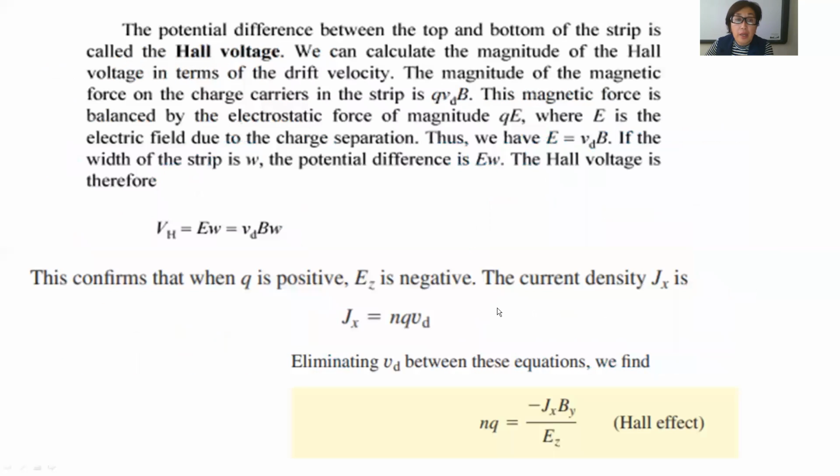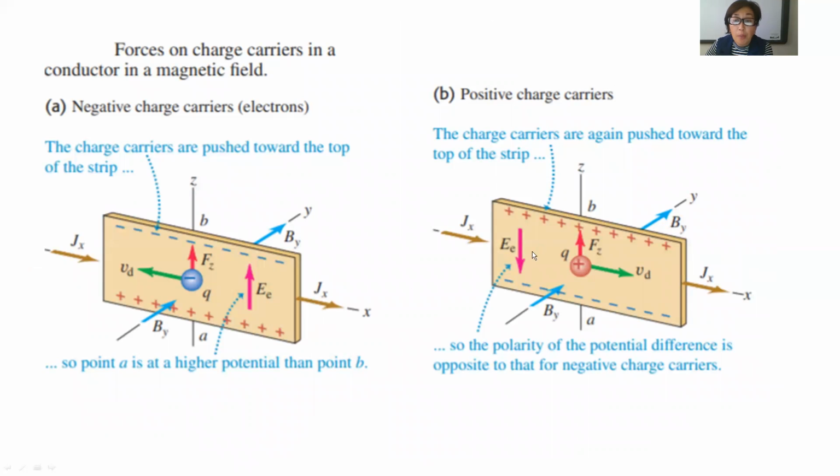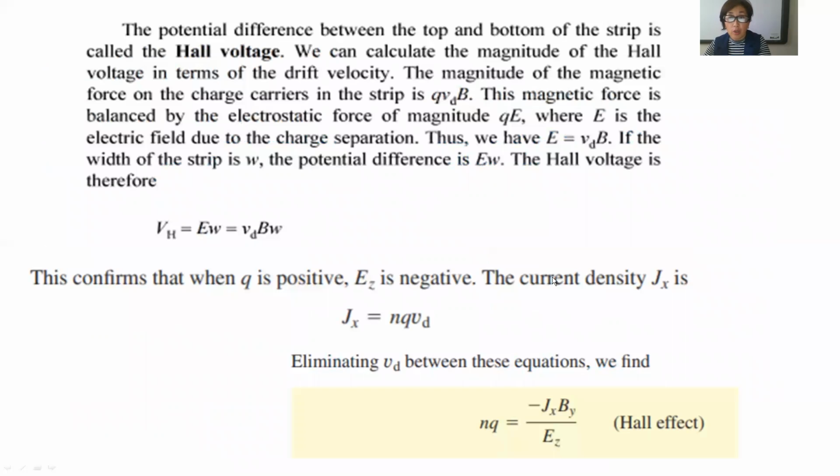The potential difference between the top and bottom of the strip is the Hall voltage. We can calculate it, and the magnitude of the Hall voltage is related to the drift velocity. We know the magnitude of the magnetic force, the Lorentz force, is balanced by the electrostatic force.